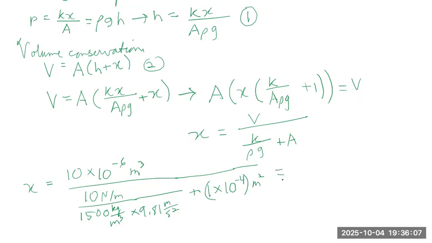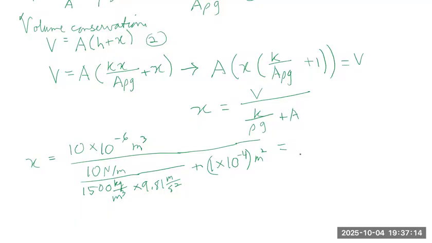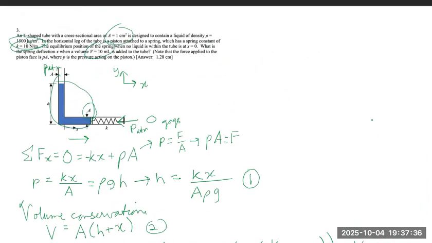Simplifying this equation, we have that the deflection x is equal to 0.0128 meters, or 1.28 meters. Oh, sorry, centimeters. 1.28 centimeters, which was our expected answer over here.